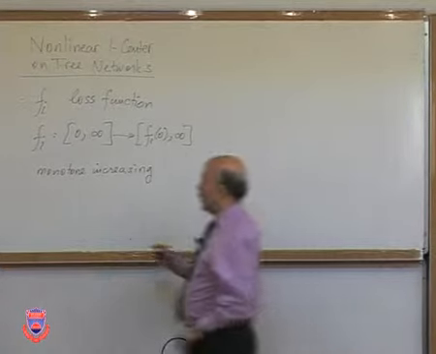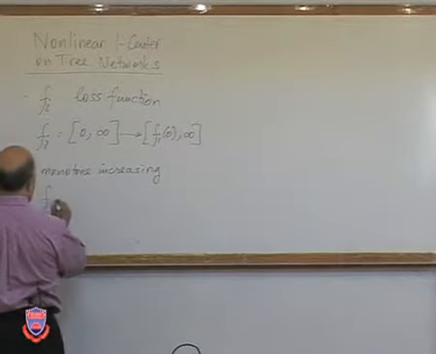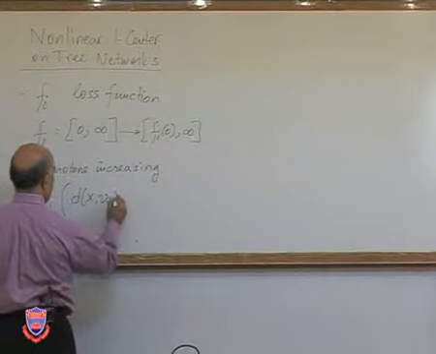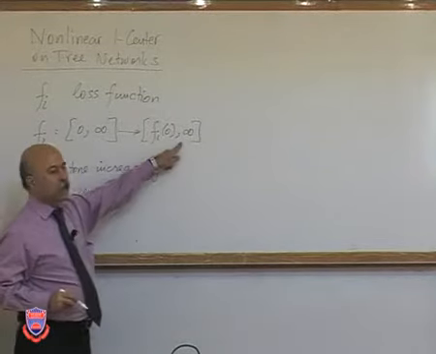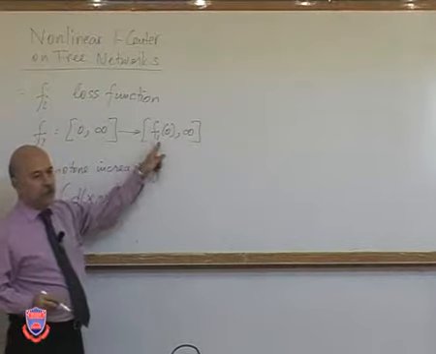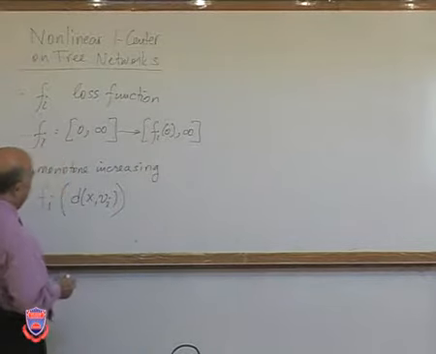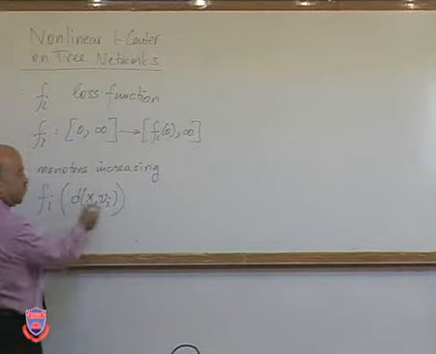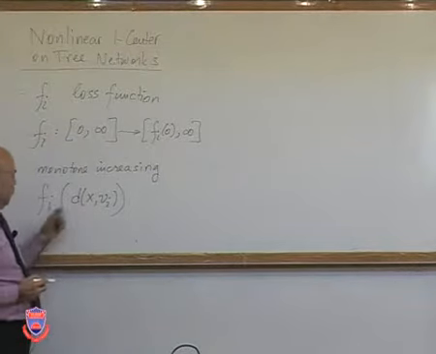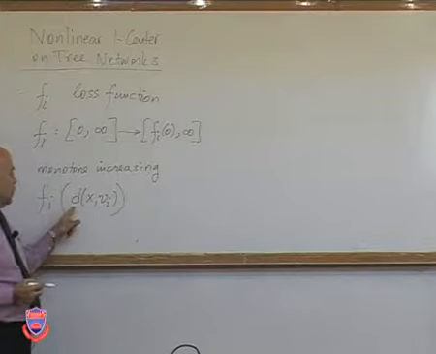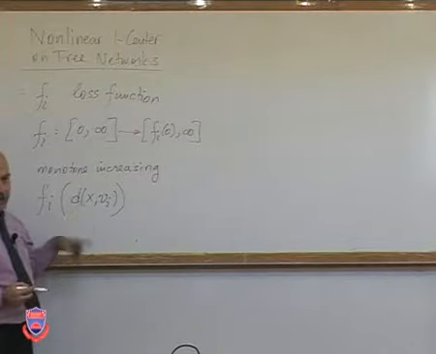So Fi simply maps that number into the non-negative reals. I am going to assume Fi of 0 is again a non-negative number. Okay. So whatever the output of this functional evaluation, that's the loss. That's the loss when Vi is at a distance of this much from the center.